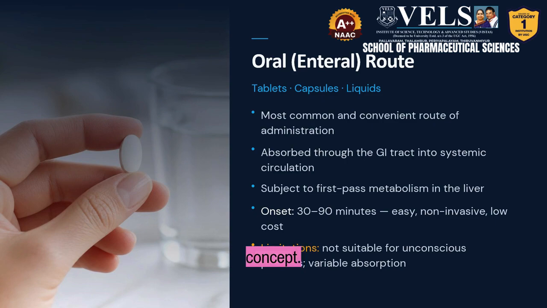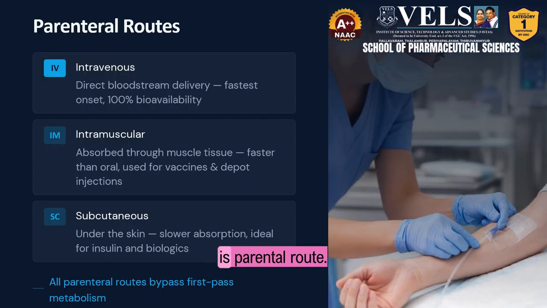An important concept is first pass metabolism, where the drug is metabolized in the liver before reaching the systemic circulation. Oral drugs generally have a slower onset, around 30 to 90 minutes, and absorption can be variable. Example, paracetamol tablet.